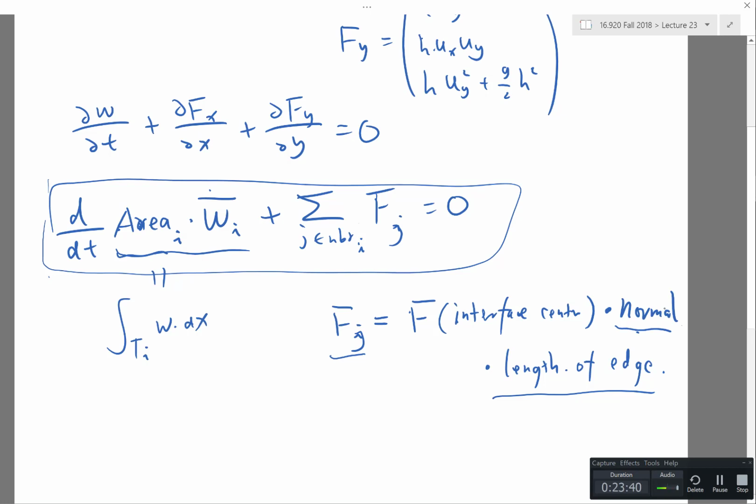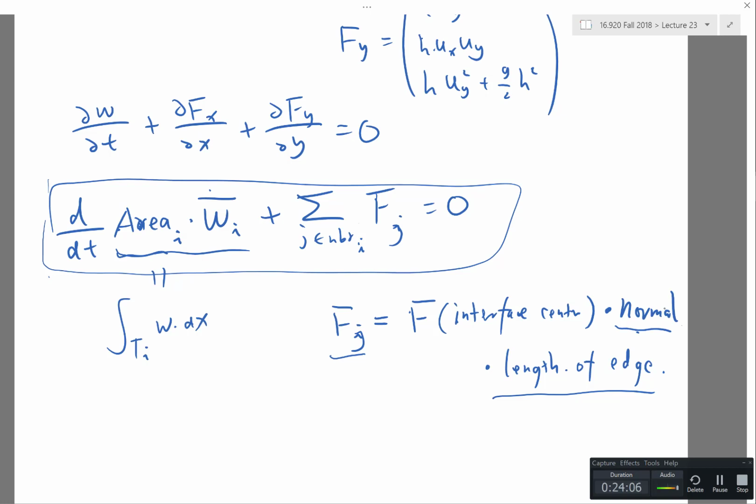And for the finite volume scheme, it's actually pretty easy to store that, because for every interface, you have exactly 2 volumes that share it. So we store it in an array that has the length of the number of interfaces times 2. The first dimension is the interface, and the second dimension is the cell on the left side or on the right side.